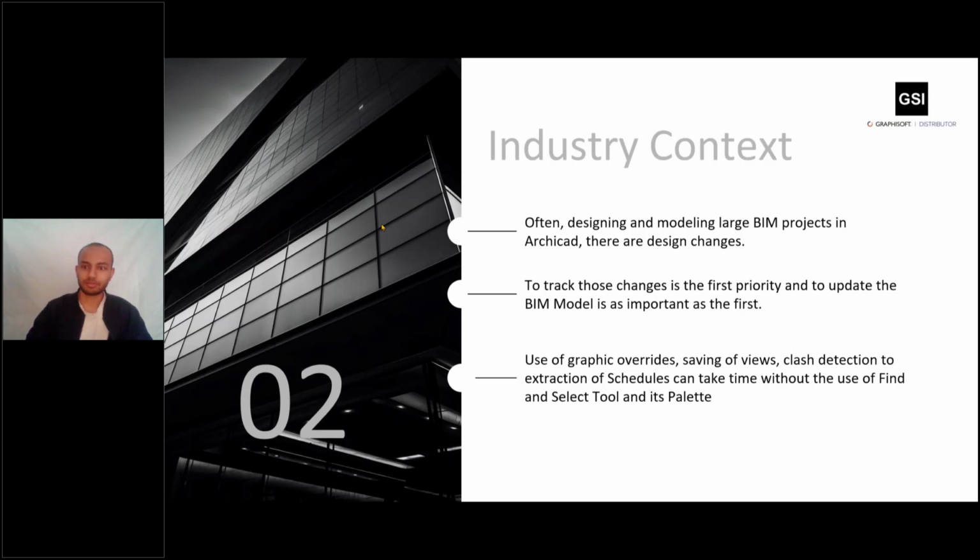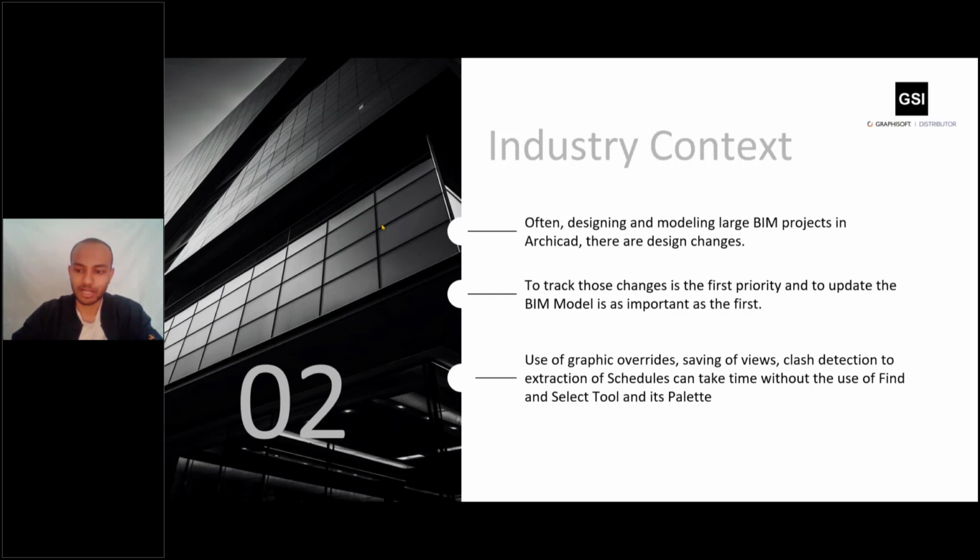Okay, so for the first slide, starting from the industry context. Usually with large BIM projects, while designing and modeling, there are a lot of design changes, and tracking those design changes is a priority. Also, updating the BIM model as per the changes is very important. And in Archicad, you have a lot of features where we perform graphic overrides and saving of the views.